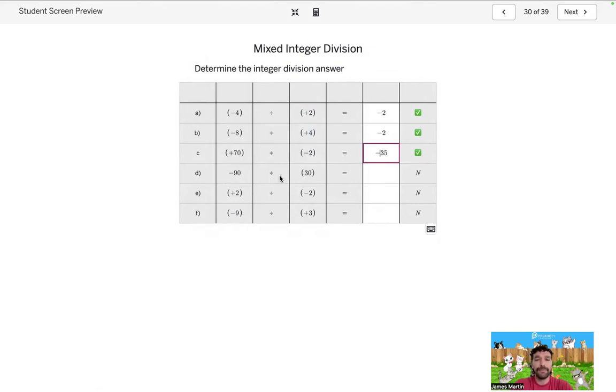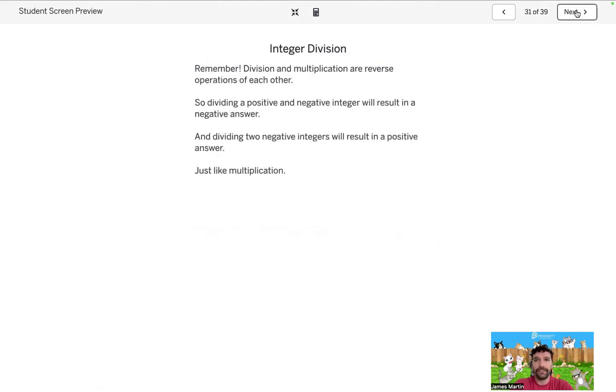Same thing here. -90 divided by +30 is going to be -3. Nice. And then positive divided by a negative is negative. So that's going to be -1. And then here, a negative divided by a positive is going to be -3. There we go.